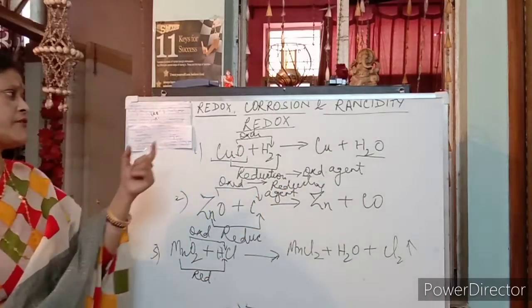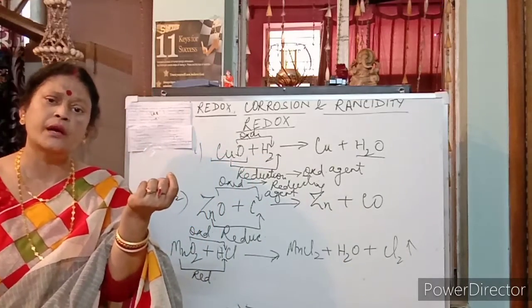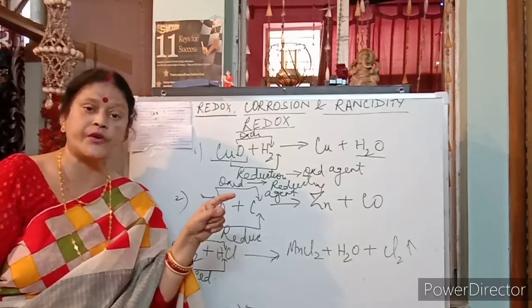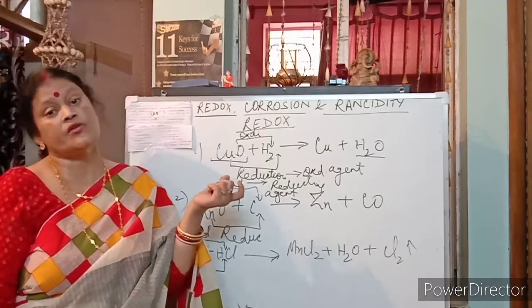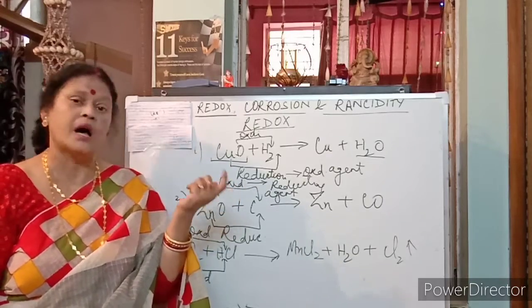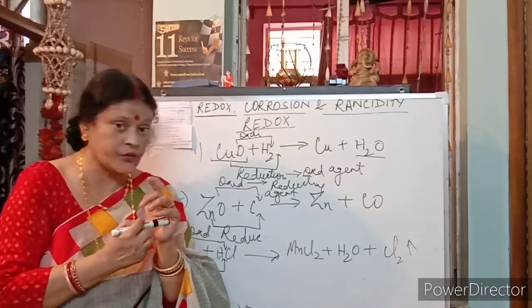So just opposite, it is a simple trick. If reduction is going on, we call it an oxidizing agent. If oxidation is going on, we call it a reducing agent. That much is only in your syllabus, but in higher classes you will come to know about all this. Now redox is over.